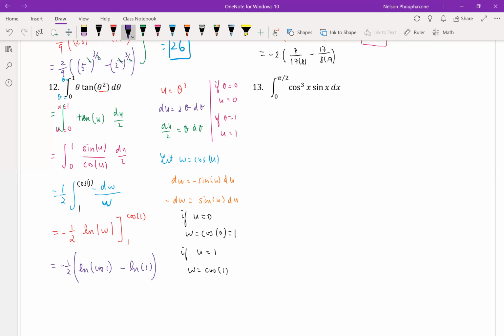And of course, we know that natural log of 1 is equal to 0. So my answer will be negative 1/2 natural log of cosine of 1. Yes, this is the answer that we have here.